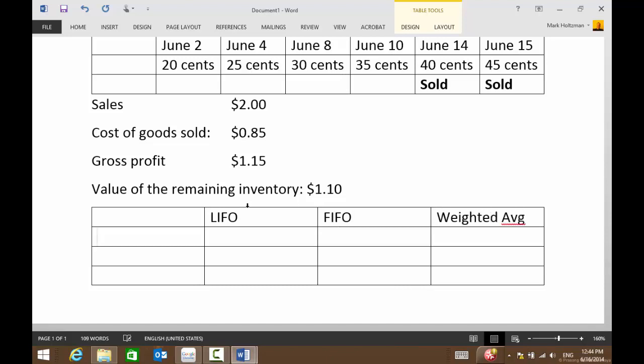I'll make a column here for weighted average. In both scenarios, I had sales of $2, and I have cost of goods sold. In the LIFO, I'm sorry, let me put these into the same order, FIFO and LIFO.